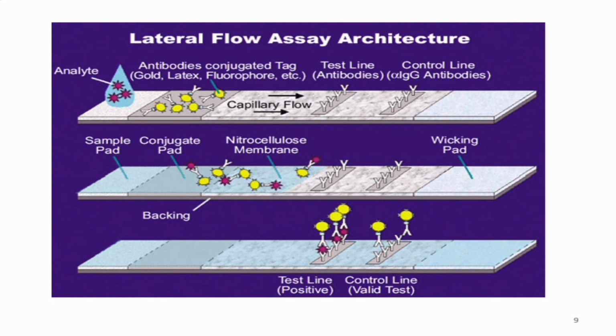So let's imagine first, what happens if I have SARS-CoV-2 virus? Just in this piece, right, what's going on here? Yeah, Jamie. Yeah, so these antibodies are going to bind to that antigen, right? All right, and then we're going to keep flowing. What's going to happen when all of these materials get here, to this little stripe?